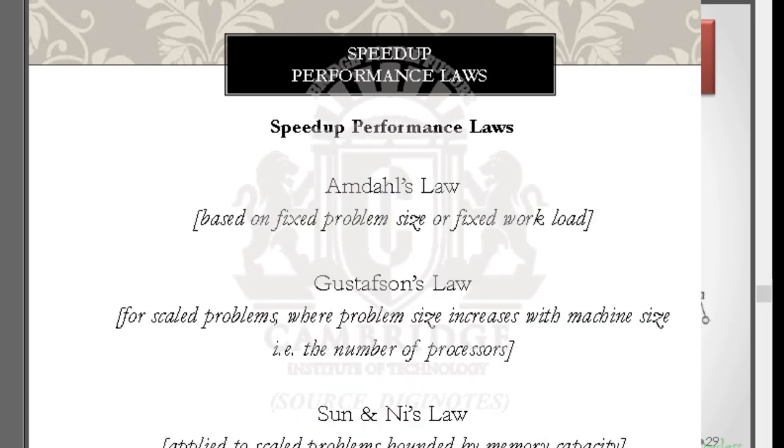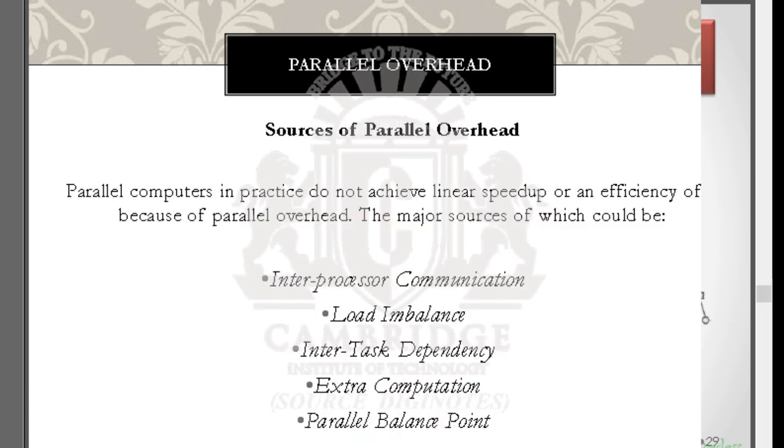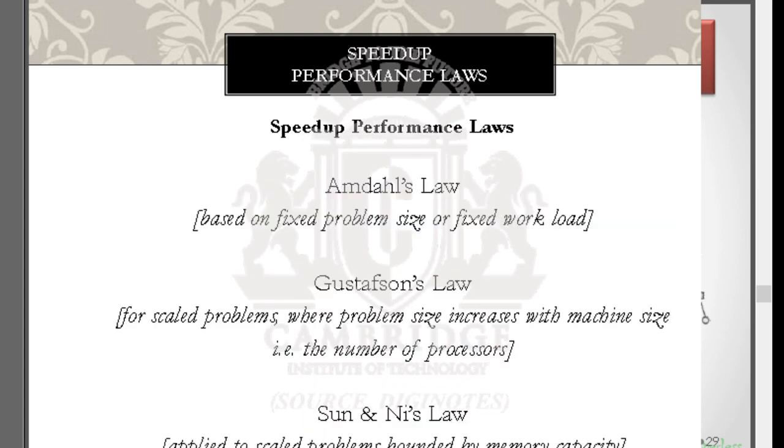Then inter-processor communication has got load imbalance, inter-task dependency, extra computation, parallel balance point. Speed up performance loss is given by Amdahl's law and Gustafson's law, Sun and Ni's law.